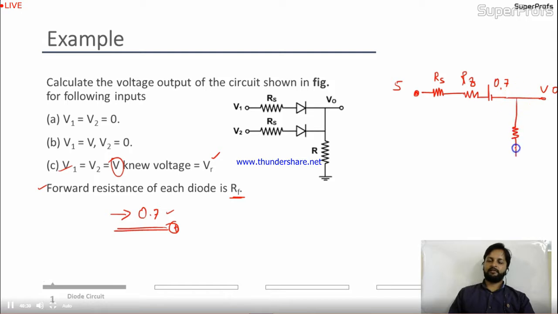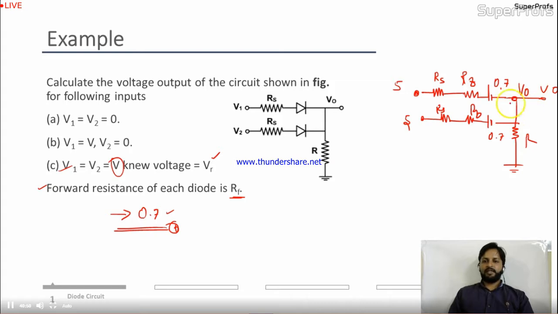Here V0, and V0 is across R. Here the situation is same. You have RF in series with RS and again a 0.7 battery, and this is 5 volt. Now your task is to calculate V0. So to calculate V0, again you will apply node analysis.